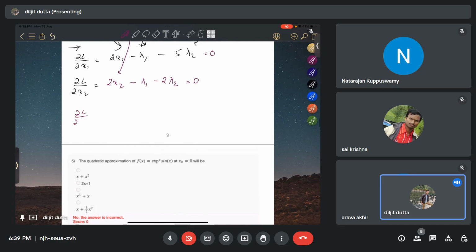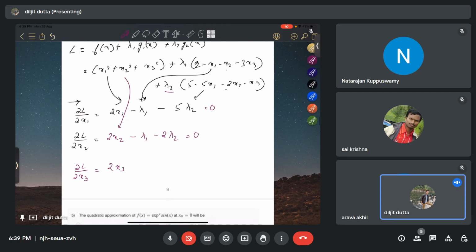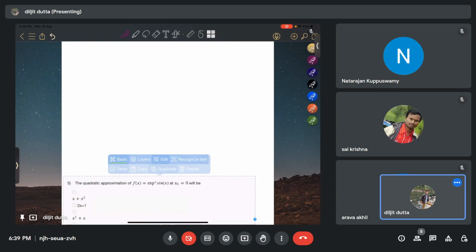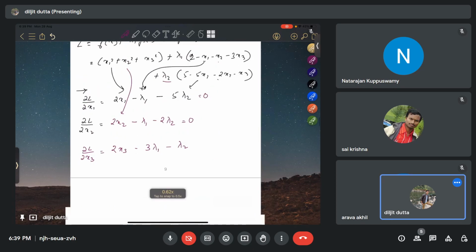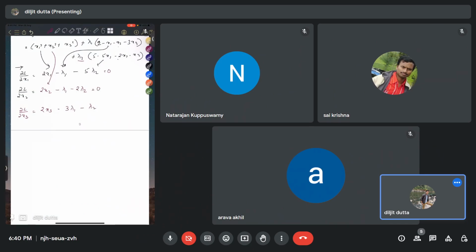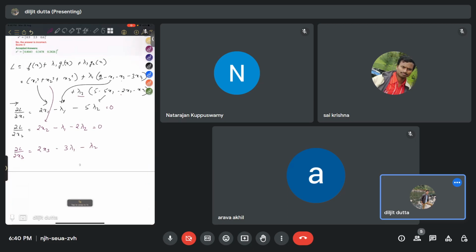Next, del L by del x3 will be 2x3 minus 3 lambda 1 from the second term, minus lambda 2. So we have the three terms.